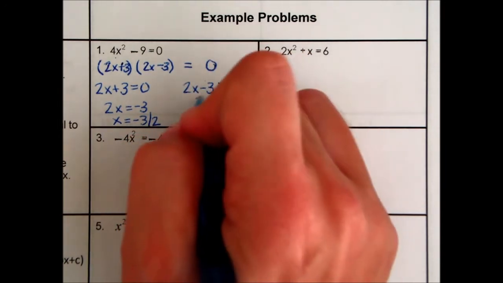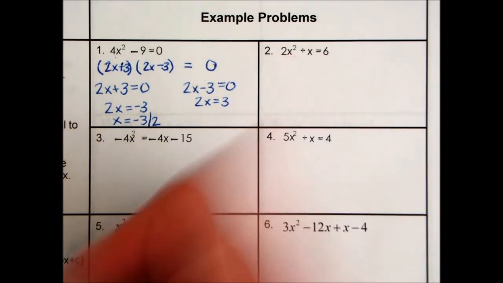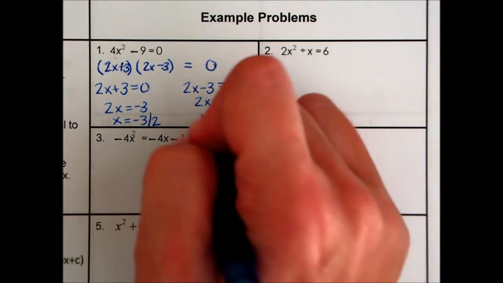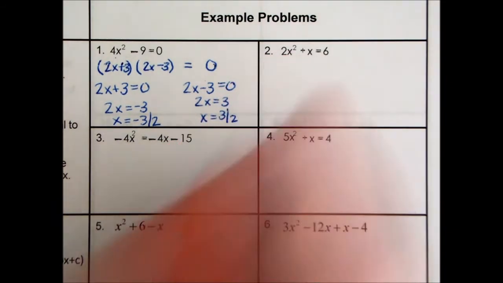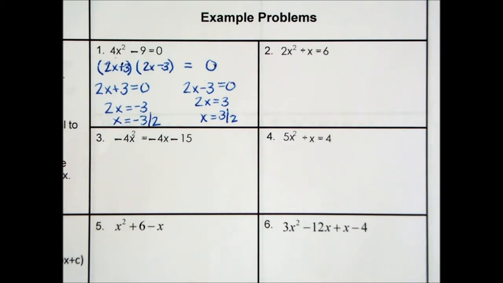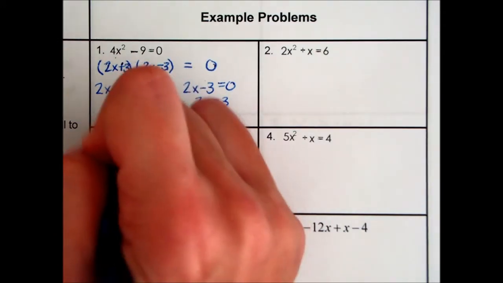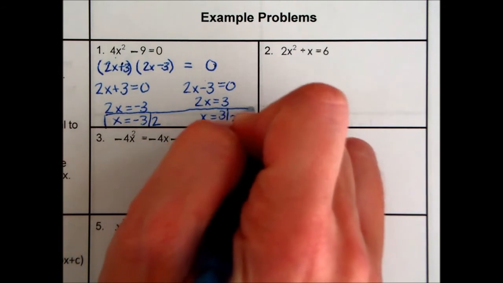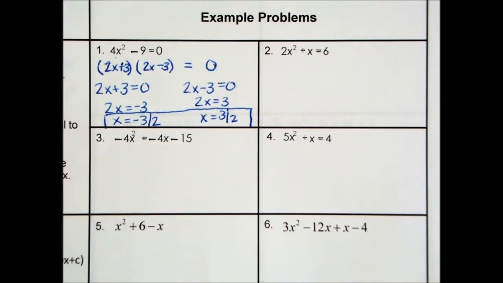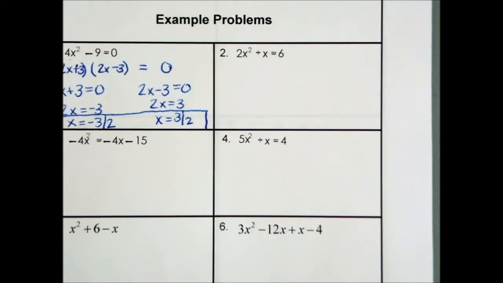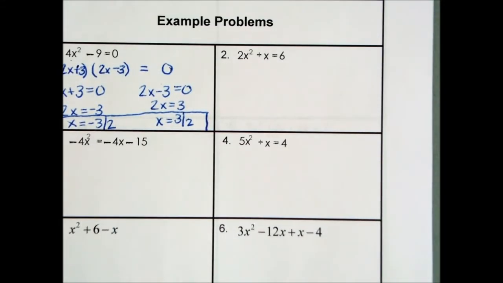Add 3 to both sides, we get 2x equals 3. Divide both sides by 2, and x is equal to 3 halves. So my two answers are going to be x is equal to negative 3 halves, and x is equal to positive 3 halves.